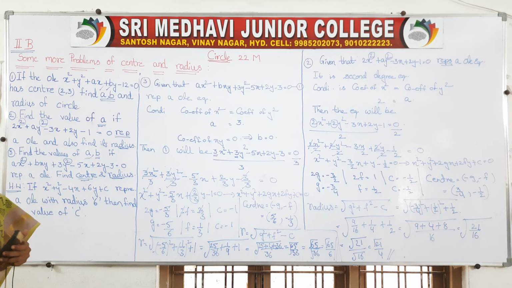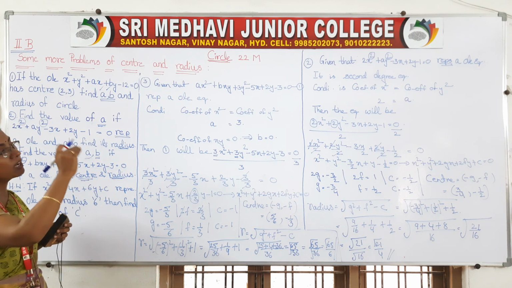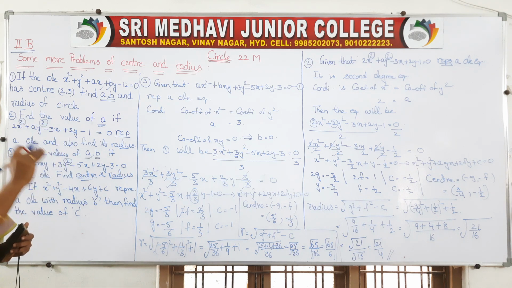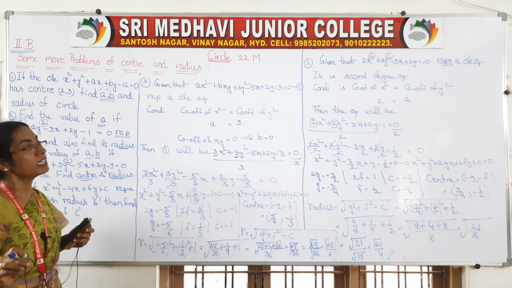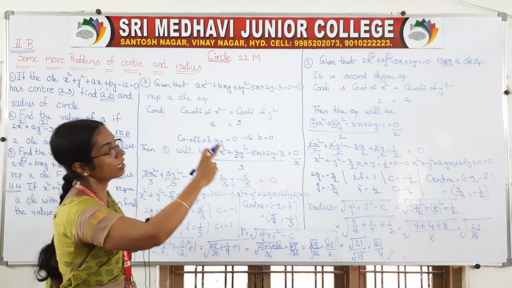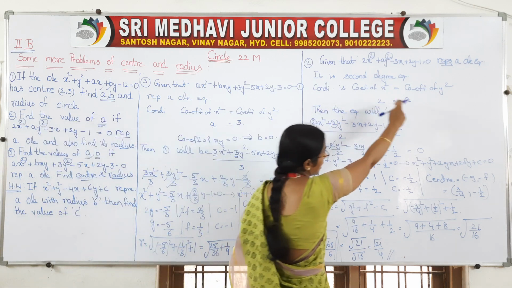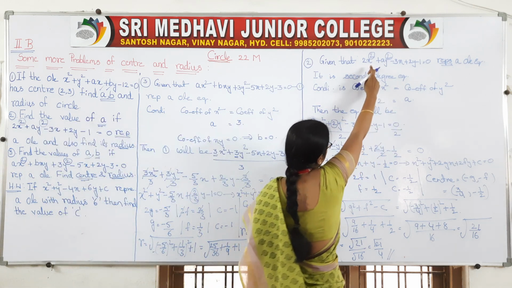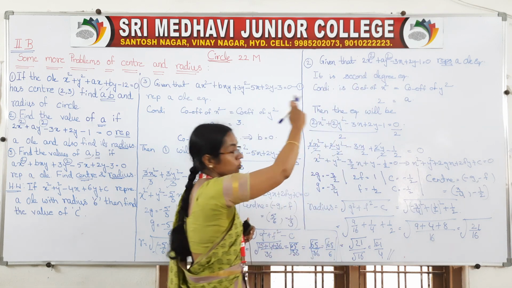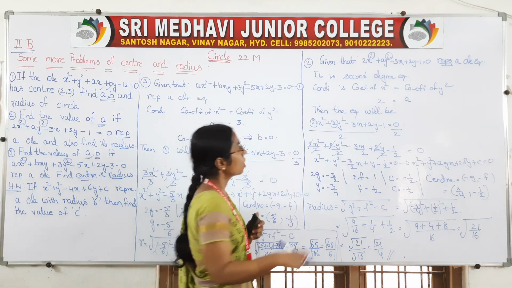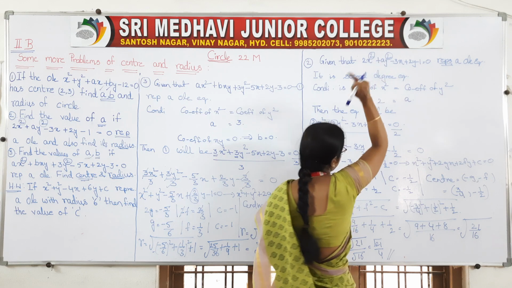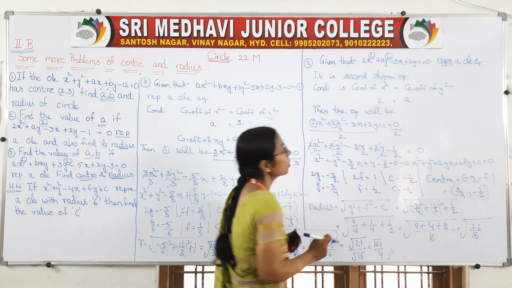Whenever a second degree equation represents a circle, it has to satisfy some conditions. What is that condition? The coefficient of x square is equal to the coefficient of y square. Coefficient means multiple. So the x square multiple is 2 and the y square multiple is a. So 2 is equal to a.